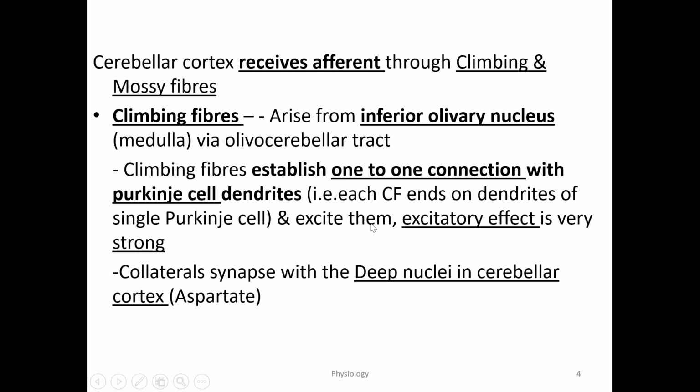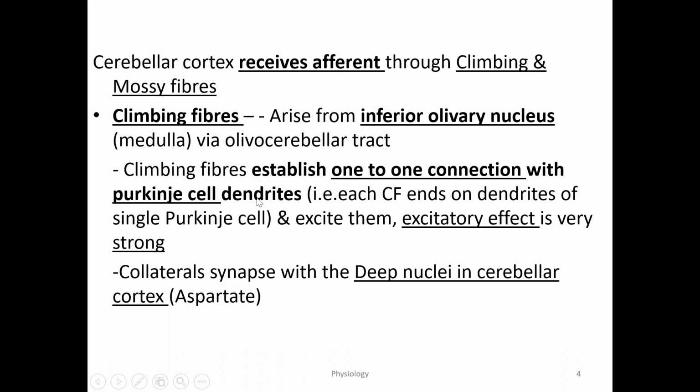It also gives rise to an excitatory signal toward the deep cerebellar nuclei. Before entering the Purkinje cells, one collateral branch synapses with the deep cerebellar nuclei, and it is excitatory, with aspartate as the neurotransmitter.